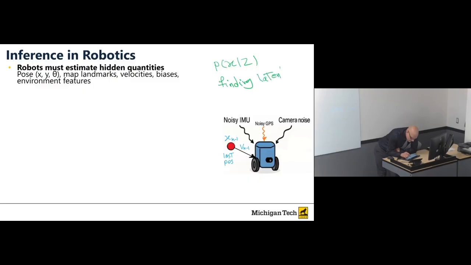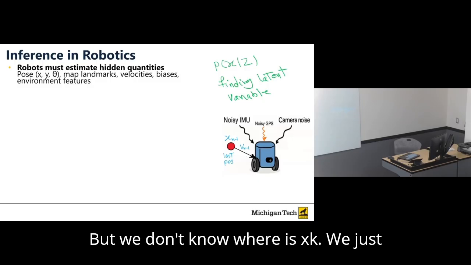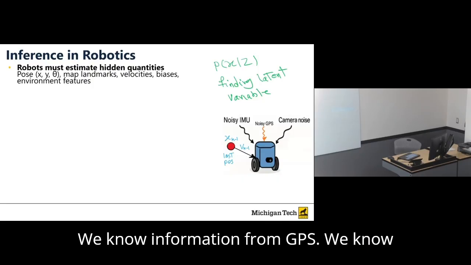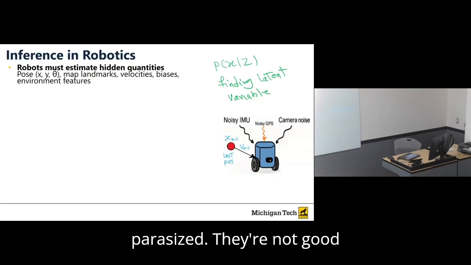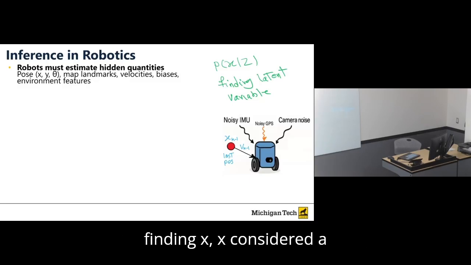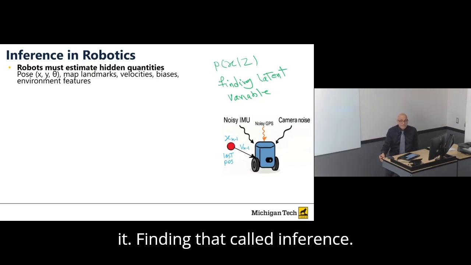Why do we call it latent? Because this robot was at x_{k-1} before, but right now it is at x_k, and we don't know where x_k is. We just know the noisy IMU, we know information from GPS, and they are all noisy. They are not precise, not good enough for us. That's why finding x is considered a latent variable, not an observable variable. We want to observe it. Finding that is called inference.